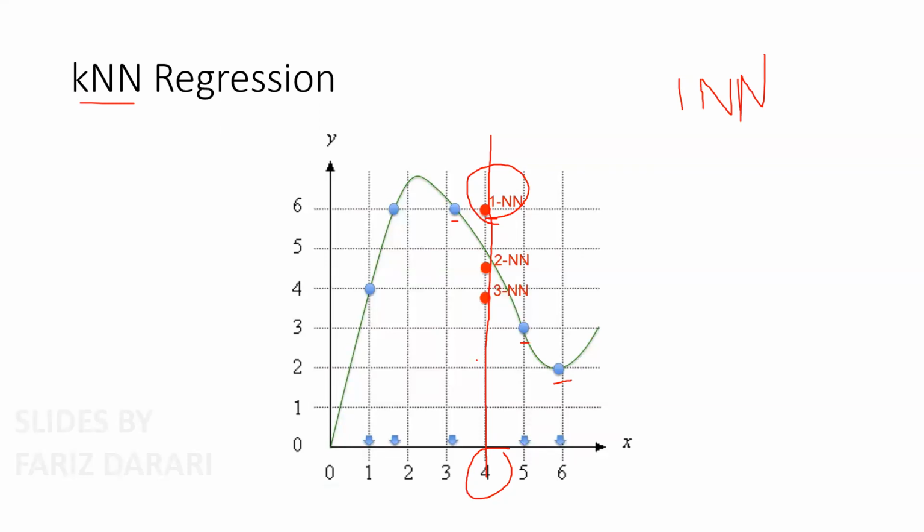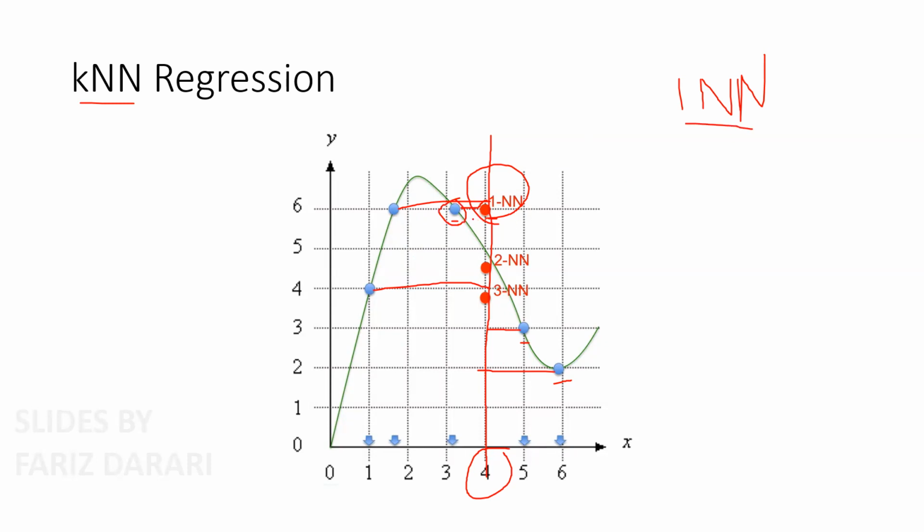What is it? So you just compute the distance between this and this, between this and this, this and this, this and this. And obviously the nearest neighbor is this one, right? 1 nearest neighbor, and that's it, done.